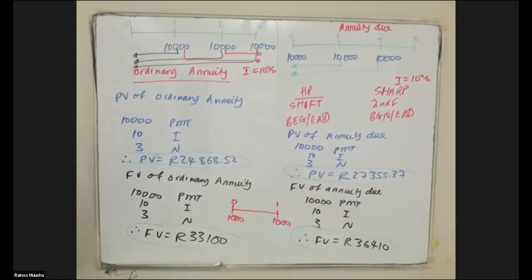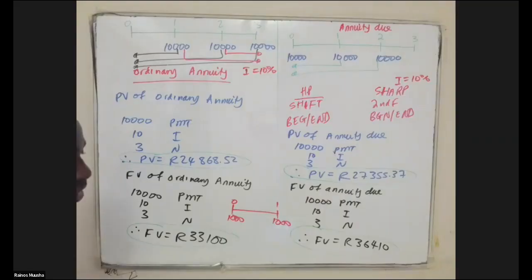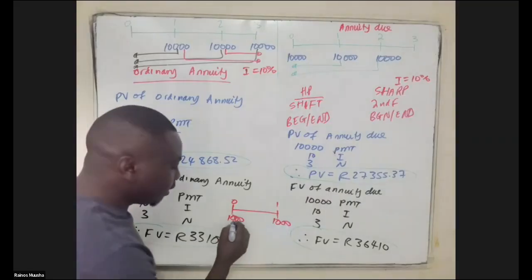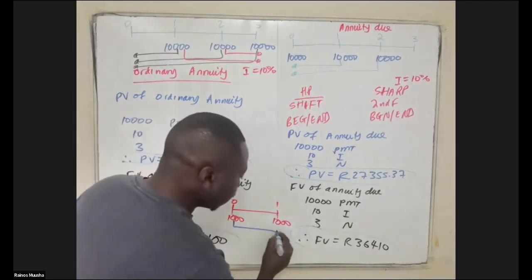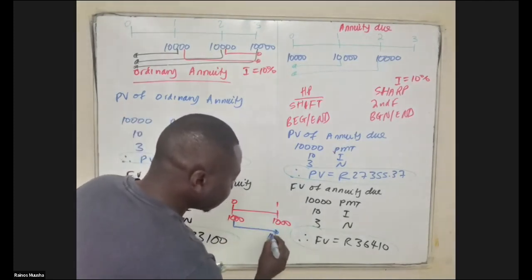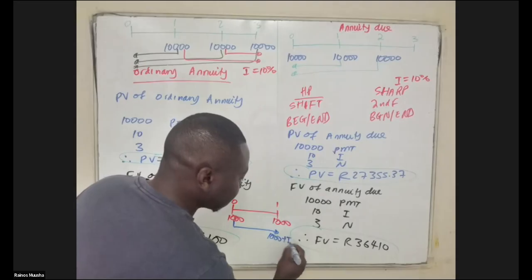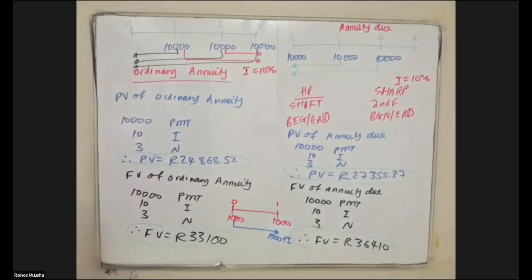Getting the 1,000 rand now. Yes, you would prefer to get the 1,000 rand now, because the 1,000 rand after 1 year would be the 1,000 rand plus interest. So it's going to be worth more to you if you get it today, isn't it? Are we on the same page?